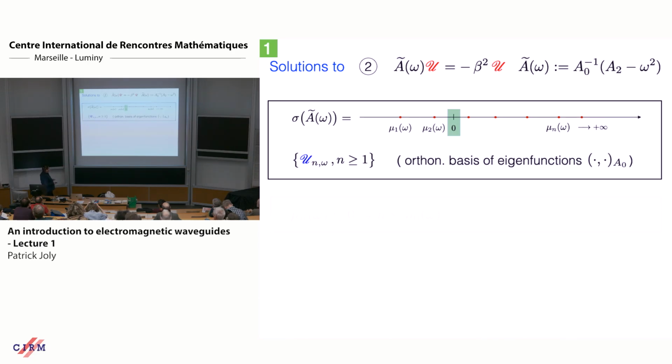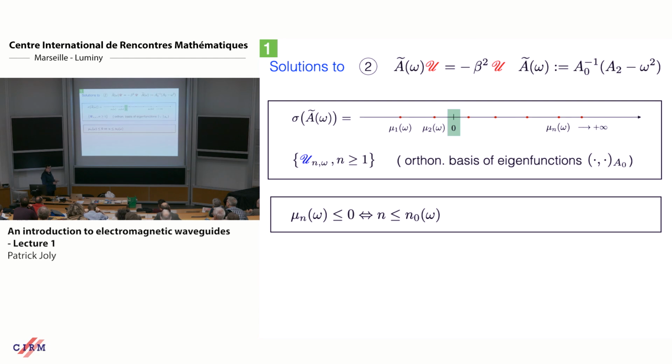So there exists a finite number of negative eigenvalues. This number depends on omega, and because this time the functions mu n of omega are decreasing functions of omega square, the number of negative eigenvalues will increase with omega square.